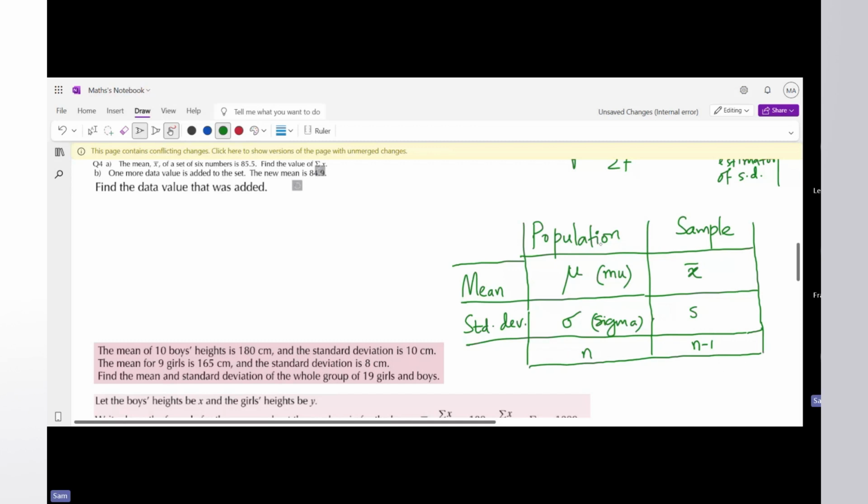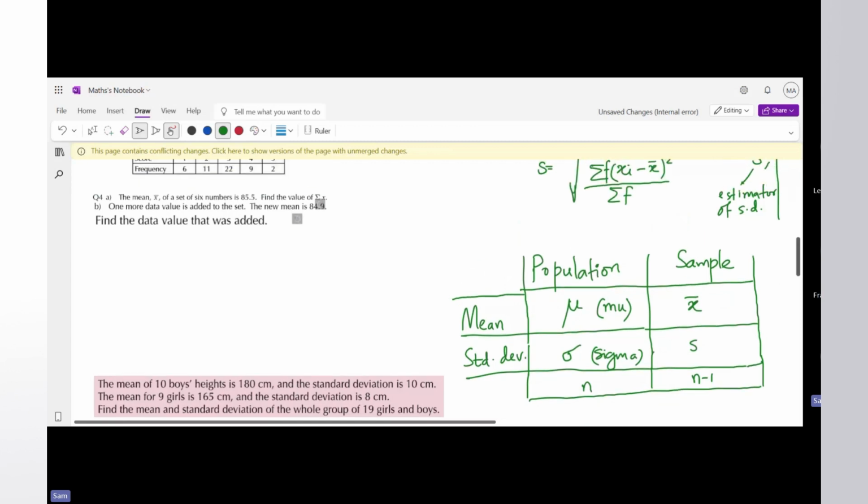Because we are trying to estimate what is happening in the population based on a small sample of the population. So unless they say the word estimator, you will not use n minus 1. You will always use sigma.